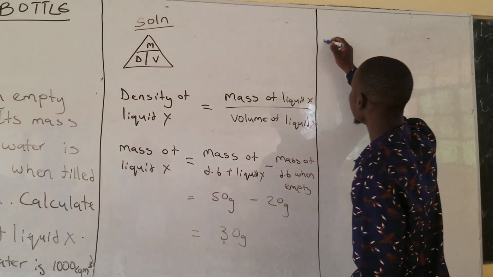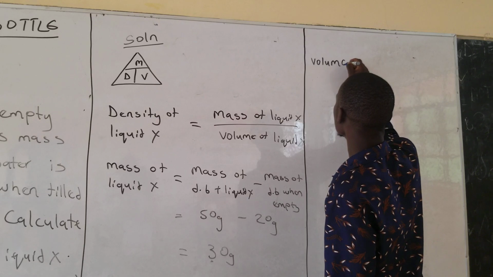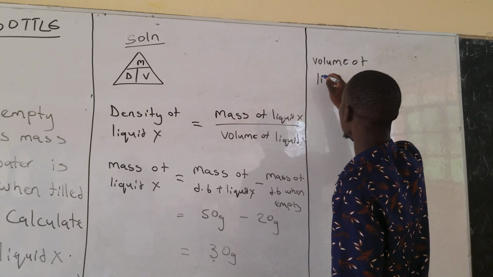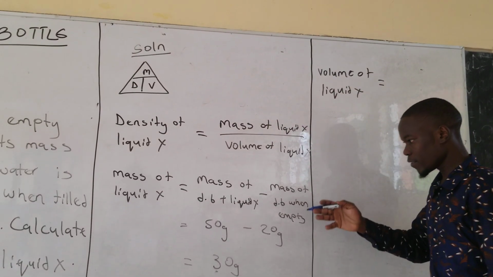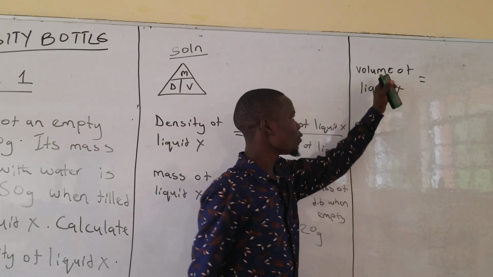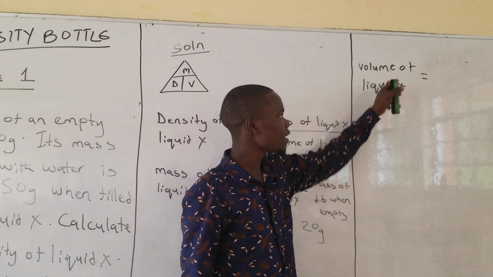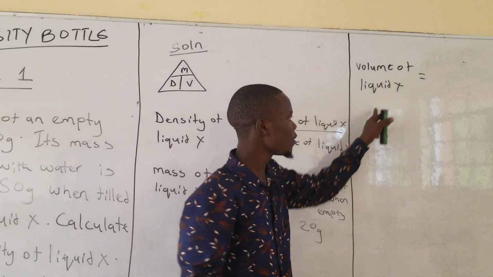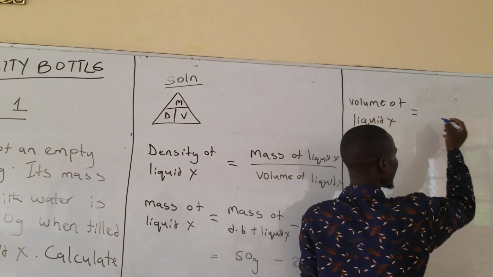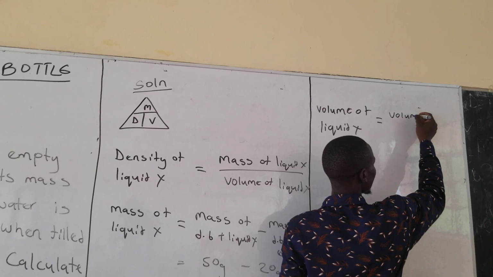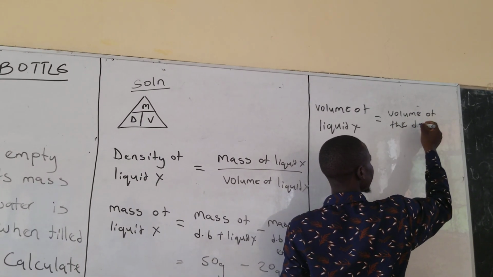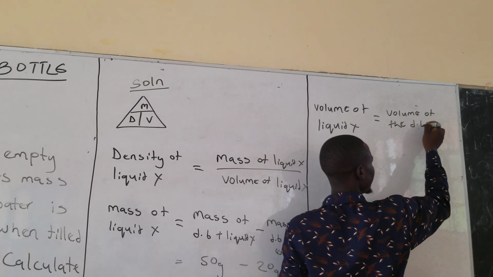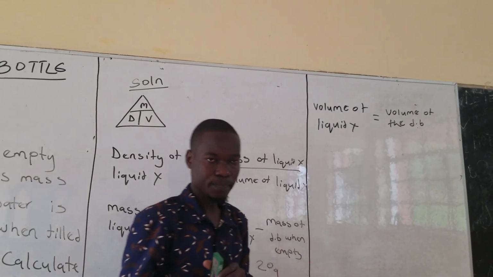Let us write here the volume of liquid X. What is the volume of liquid X? Being that liquid X filled the density bottle, its volume has to be equivalent to the volume of the density bottle. Let me write it dB, density bottle.